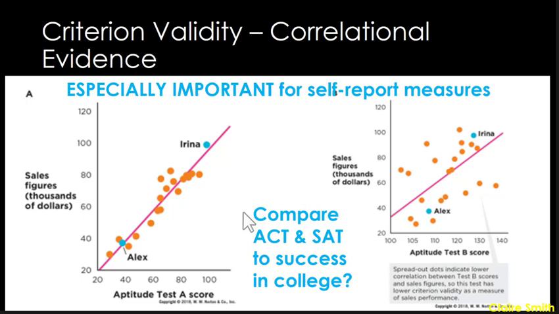A lot of colleges base their admission of students off of these scores, but is that really going to be correlated with student success, right? Do people who get a high ACT always do better in college? I would assume, based on just teaching for a while, that these test measures aren't necessarily a good way to predict success in college. Okay, this is using correlational evidence.